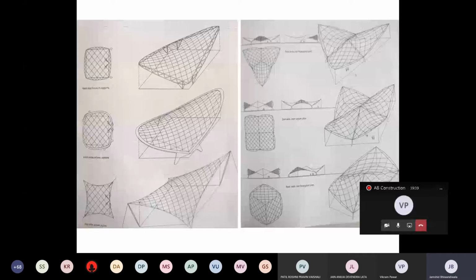And to the right are more complex forms comprising repetitive modules, be it 3 module, 4 module. What I'd urge you to see are the sections that he's drawn. The sections are where the details lie and how he visualizes them in form making.